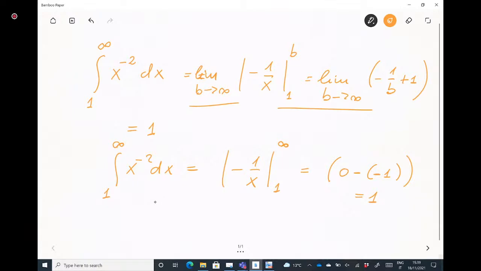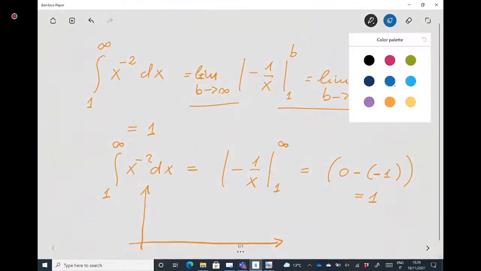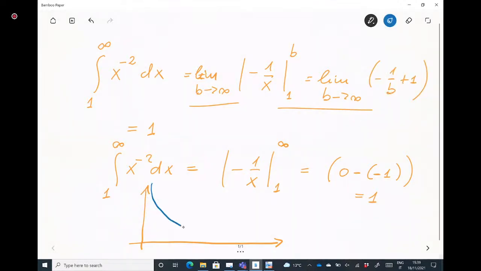So, for instance, if you have this function, suppose that this function is our y equal to 1 over x squared. I want to compute the integral between 1/2 and plus infinity. And then I want to compute the integral between 1 and plus infinity, which is the double shaded area.